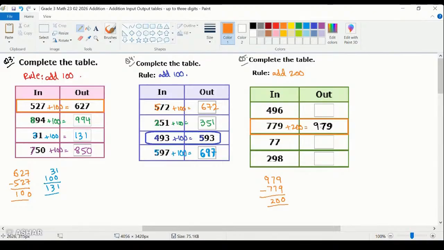So when we add 200 to every number, this becomes plus 200. That means the 100th position only is increased by 2. 696 plus 200. So this becomes 277.